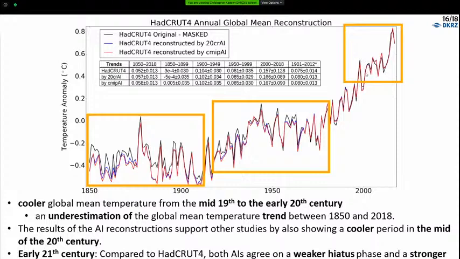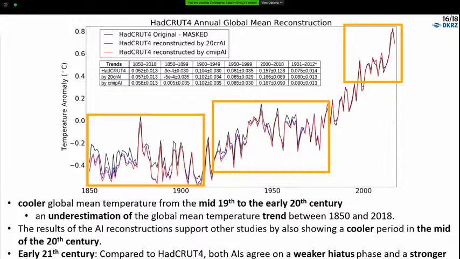They said you have missing data on the North Pole and South Pole, and that's why you have this hiatus phase. Both approaches agree on this weaker hiatus phase, so the trend is a little bit stronger there. And as well, the warmest year on record till now is 2016, and we see higher temperatures with the reconstructed one here.